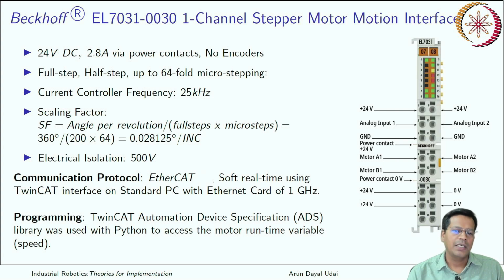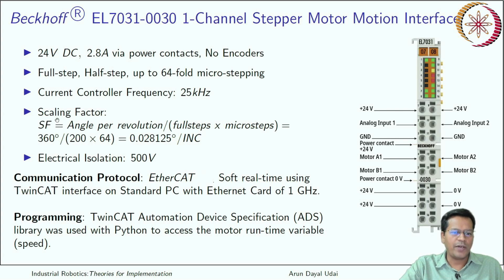You can imagine 64 intermediate positions, that means 2 to the power 6 intermediate steps at least it can go in between. That is the micro stepping it can attain. The current control frequency is very high, that is 25 kilohertz. 25 kilohertz means a very high change in current, so in that case it doesn't create any noise as such.